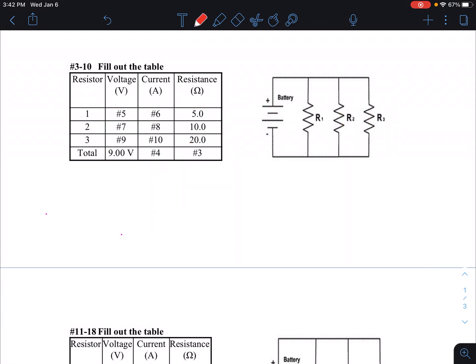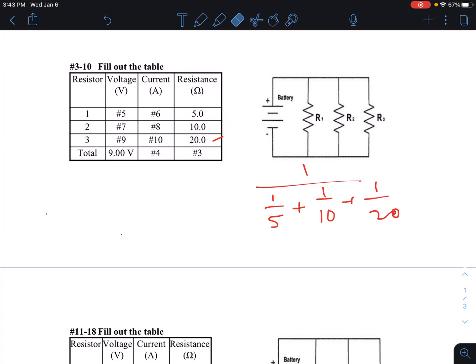So to find our total resistance, again, we just go 1 over 5 plus 1 over 10 plus 1 over 20. Where did we get the 5 and the 10 and the 20 from? Right here, the resistance right here.